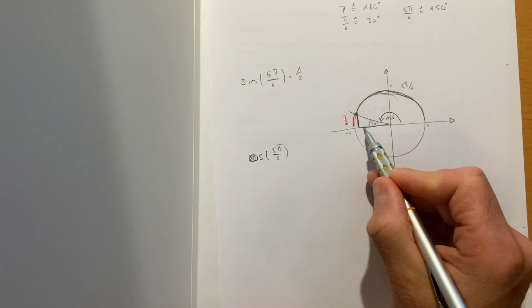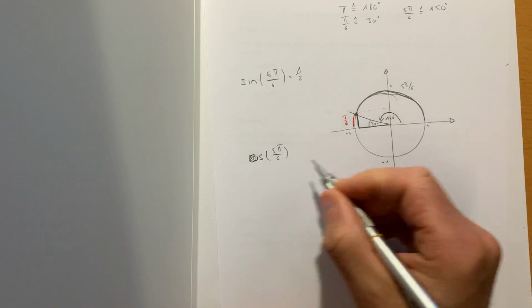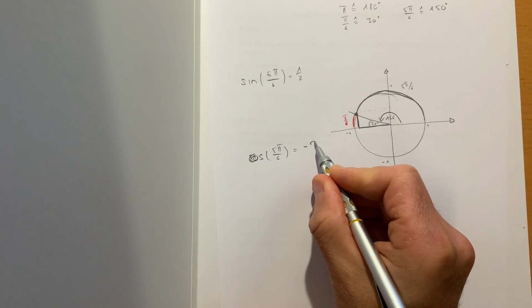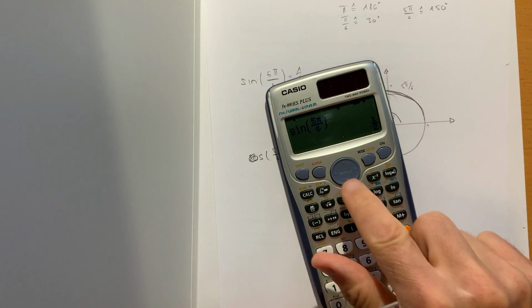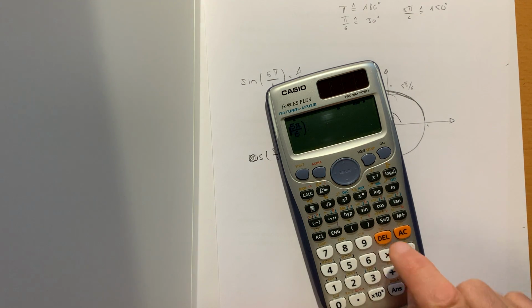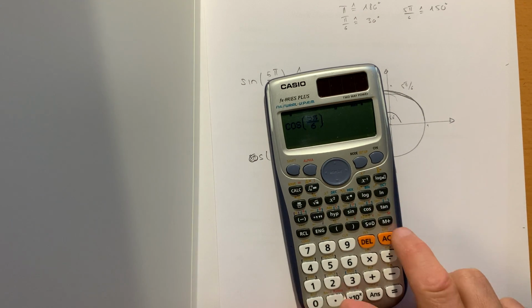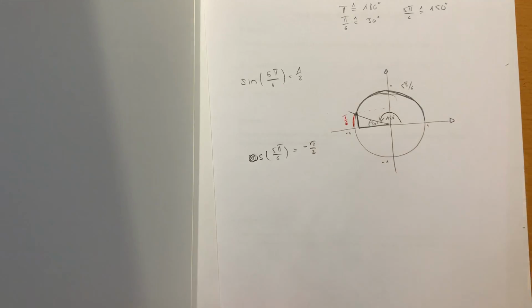That means this value here is negative. So it's minus the square root of 3 over 2. Let's check whether that's all right. Cosine of 5 pi over 6 is minus the square root of 3 over 2.